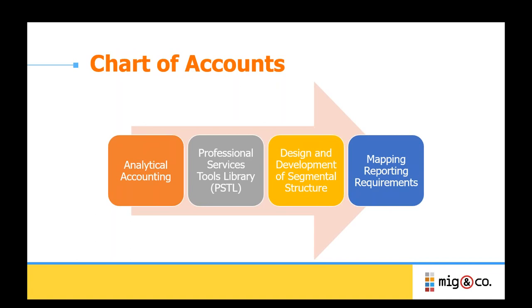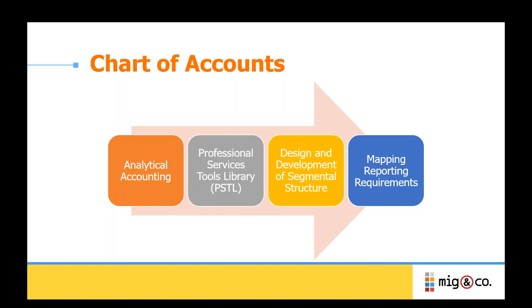So the design and development of the segmental structure, that sounds very hoity-toity, doesn't it? But that's just basically saying when we want to make changes, and keep in mind, GP has one of the most flexible account structures in the industry. We allow for a maximum of 66 characters in our chart of accounts. That's a lot. I haven't seen anybody max out yet.